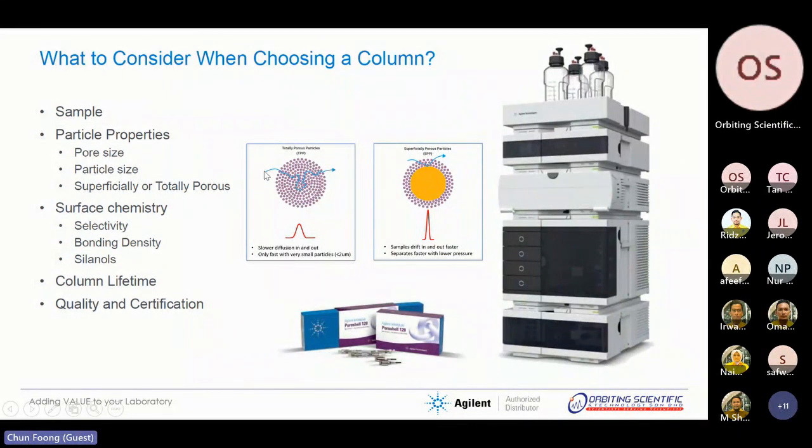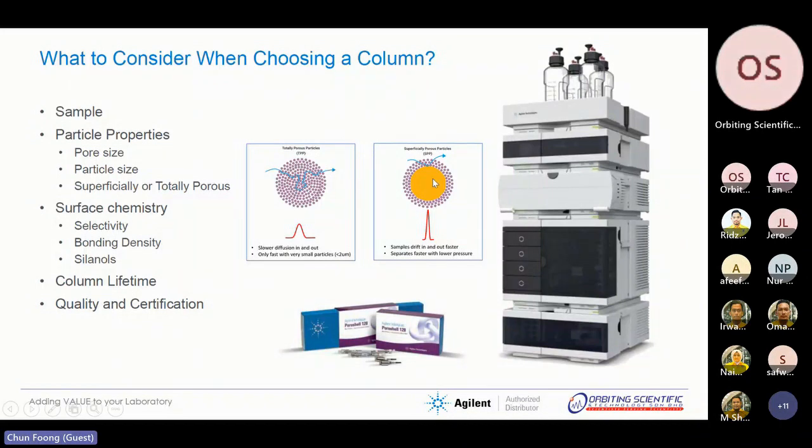For totally porous particles, the analyte has to travel through the particles and out, so it has a longer diffusion path. Nowadays the technology is getting more and more advanced, and there is superficially porous particle technology available from different manufacturers.